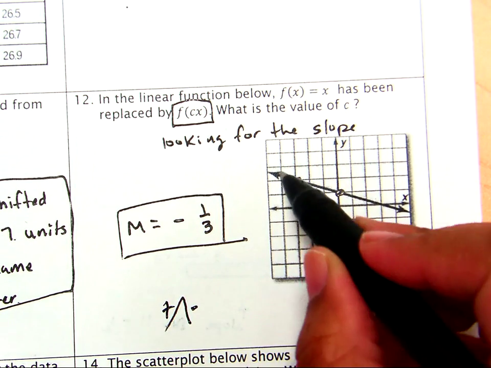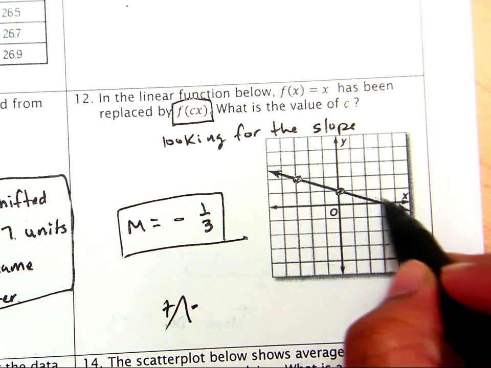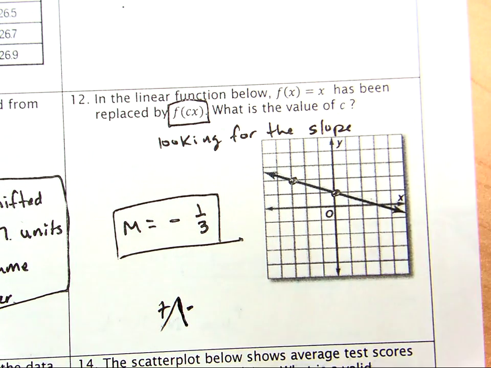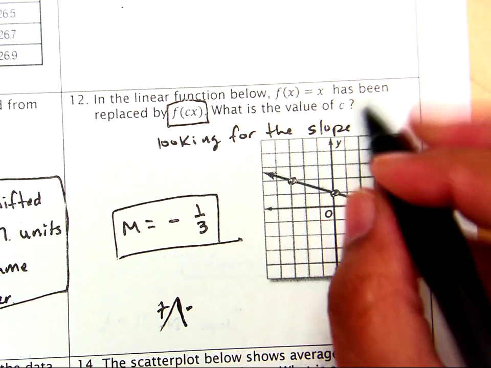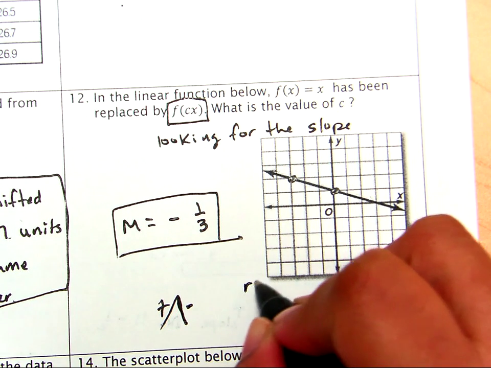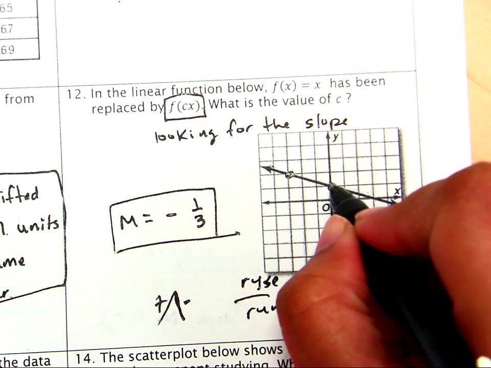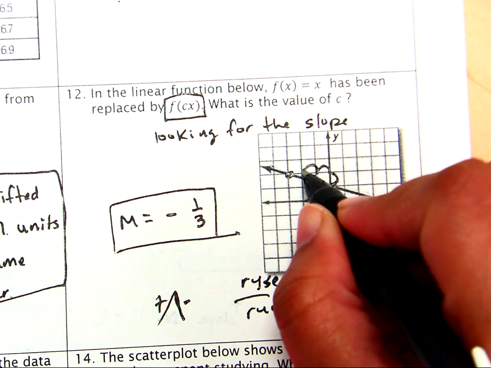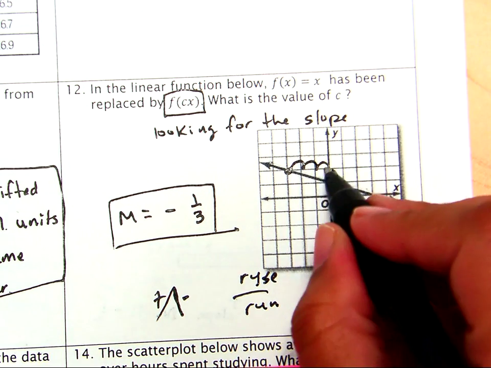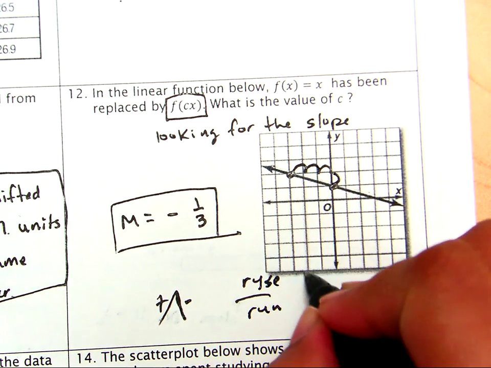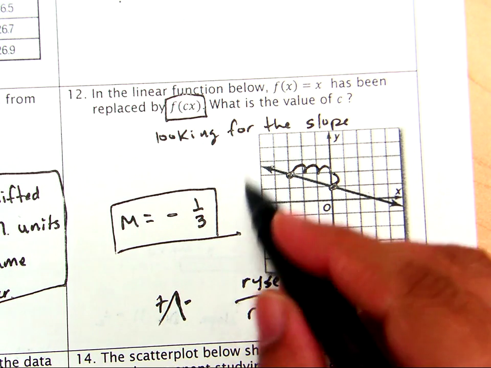So the way it's going, it's going down, which is this slope right here. Now, how did I get 1/3? Well, remember that it's rise over run. So I go up 1, over 1, 2, 3. So I went up 1 over 3, and it's negative. That's where that number came from.